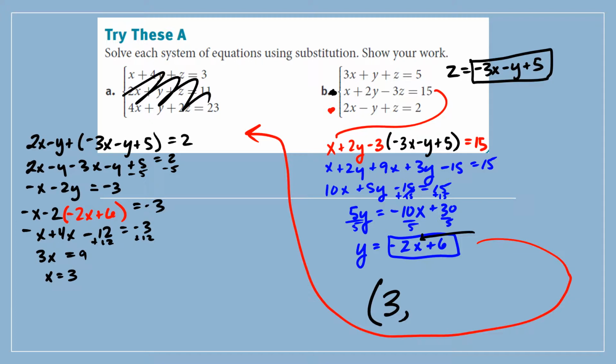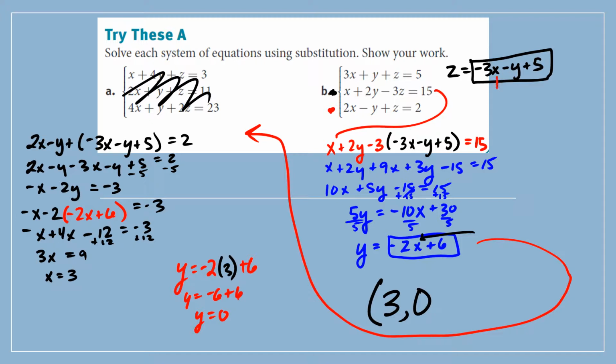So y equals negative 2 times 3 plus 6. So y equals negative 6 plus 6, so y is going to equal 0. So got 2 of them. And then we'll come up here to the last one.